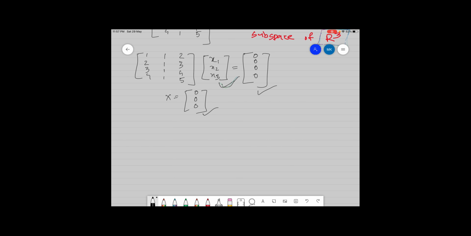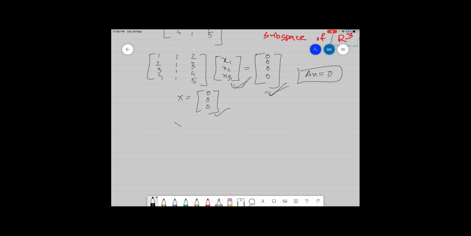Now can you tell me another solution for this Ax equals 0 equation? I can tell you one solution, that is, let's say x1 is positive 1, 1, and negative 1.